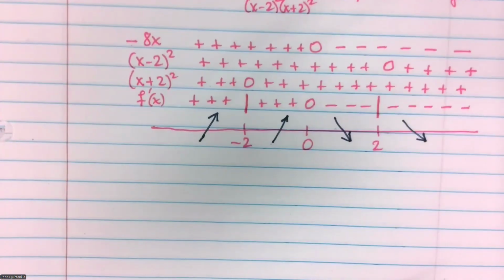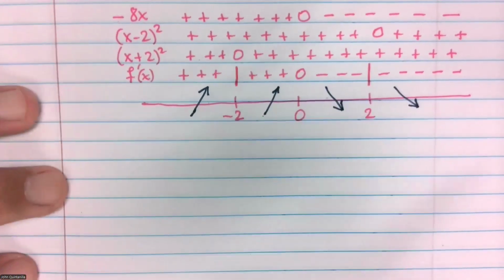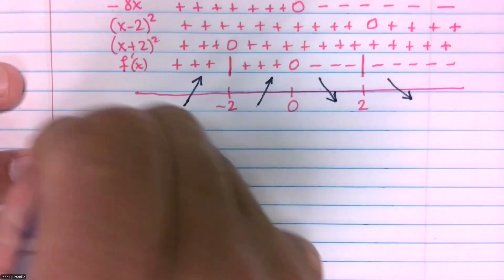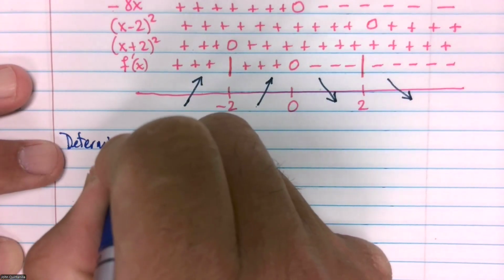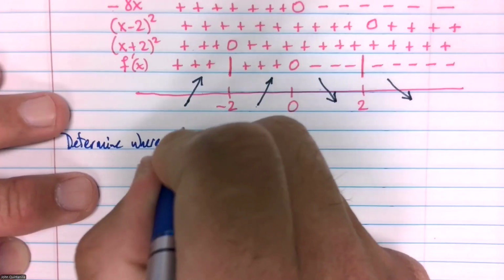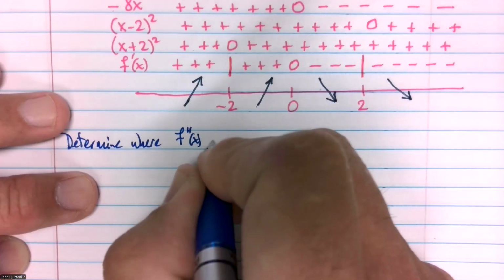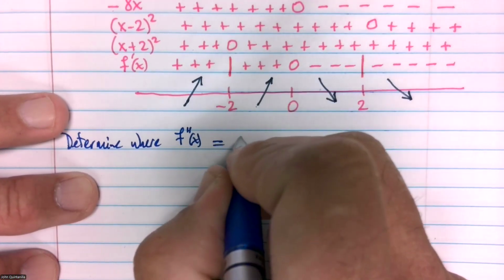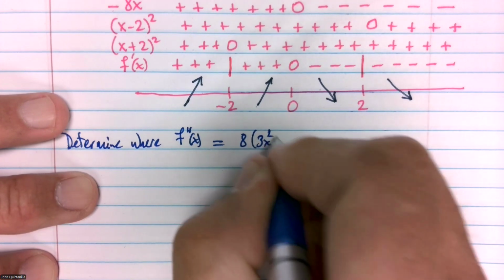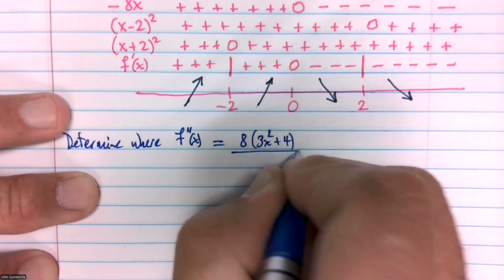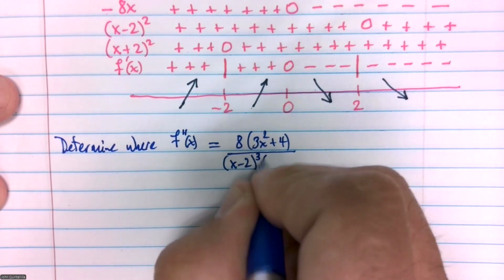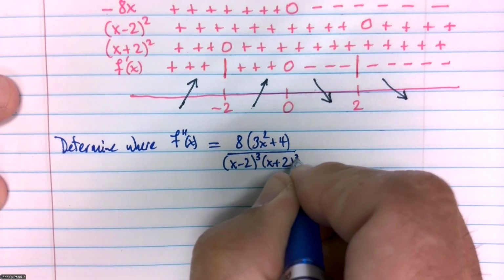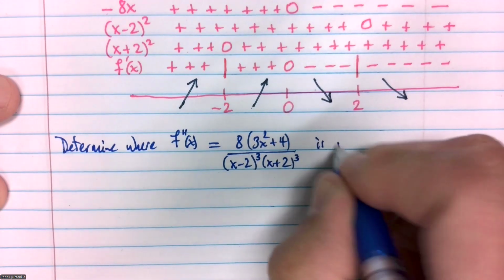All right, finally, let's take a look at the second derivative. So let's determine where f double prime of x, and f double prime of x was 8 times 3x squared plus 4 over x minus 2 cubed times x plus 2 cubed, is positive and negative.